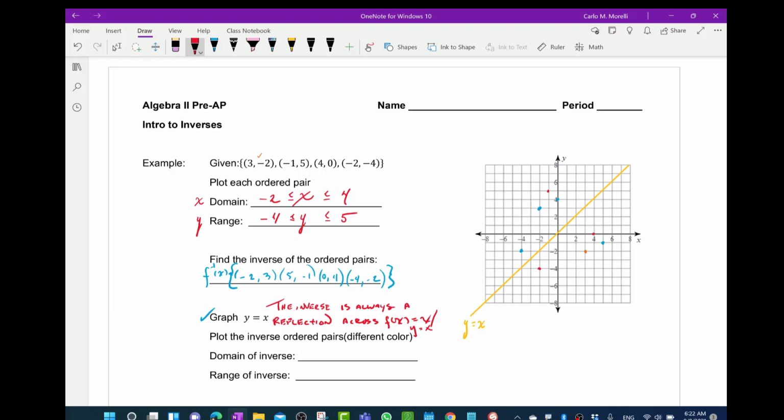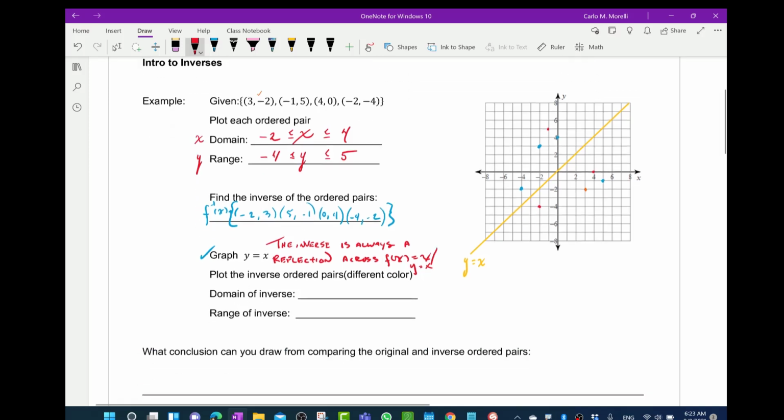Okay, so I'm not going to connect those points. I'm afraid of connecting them incorrectly, but that is the inverse. I just don't know how to connect them, so we won't connect them.